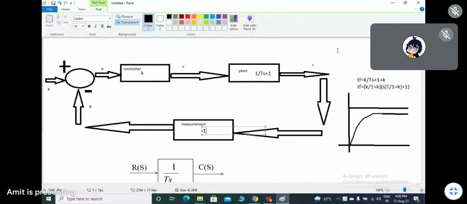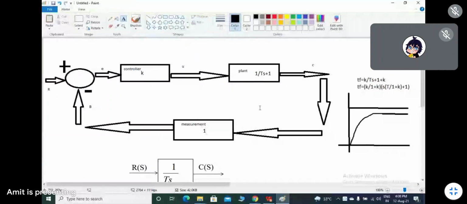You can analyze the overall transfer function or closed loop transfer function using the similar concept I have told you. In its forward path, what is there? K into 1 divided by tau s plus 1, yes or no? Getting my point?